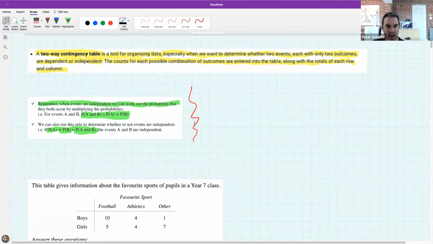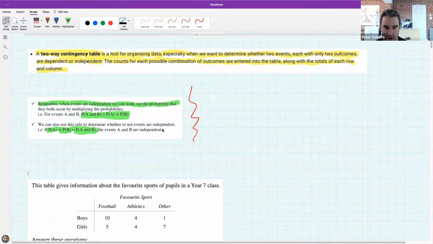Give me a thumbs up if you've kind of seen something like this before. Give me a thumbs down if you've never seen anything like a two-way table or a P of A times P of B. Just want to get a sense of how much knowledge you're bringing to the class today. Most students do find this connection a little bit abstract, so I'm going to do my best to connect the two.